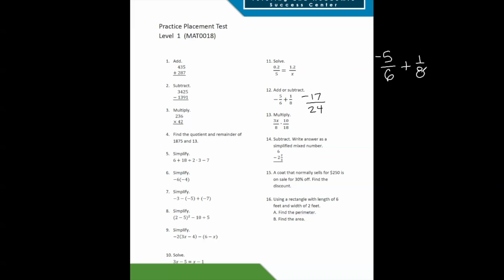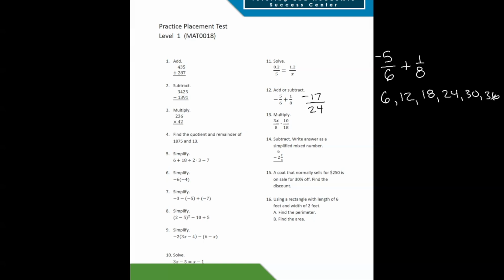If you put a negative with the 6 as well, that's a double negative, -5 over -6, and that would become positive, which is not the fraction we're using. In order for me to be able to add these together, I'm going to need them to have the same denominator. So I'm going to think of multiples of 6. So I've got 6, 12, 18, 24, 30, 36.